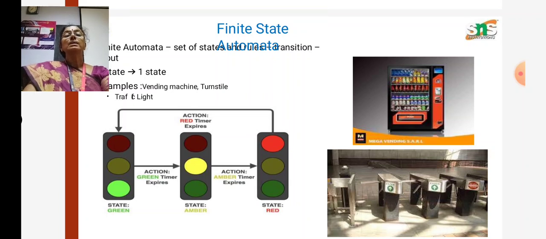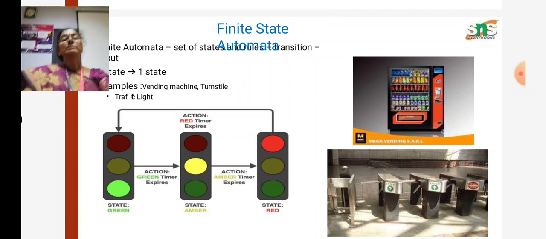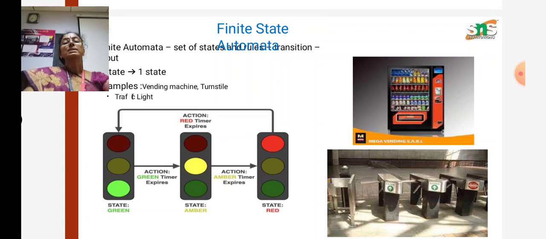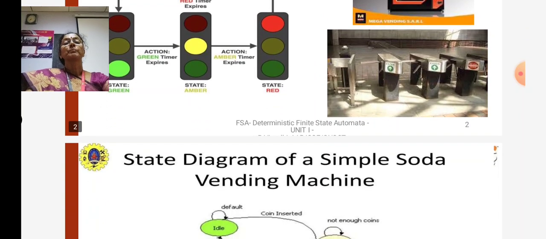Once the yellow timer expires, it goes to the state red. Again from red it goes to green, yellow, and red. These are all the processes in the traffic light. So this is some automata machine we have seen in regular life.